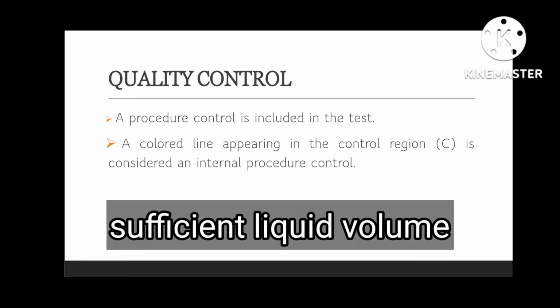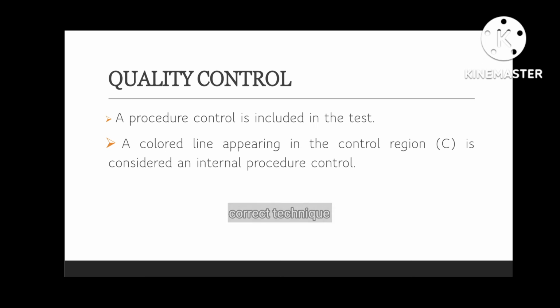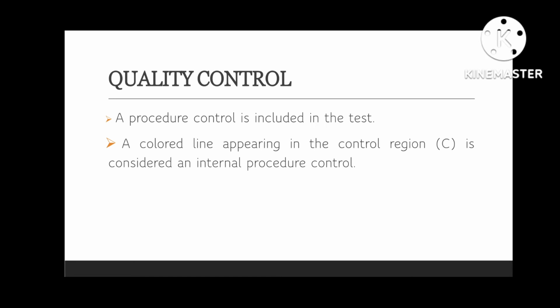It confirms sufficient liquid volume, adequate membrane wicking, and correct procedural technique. Good laboratory practice recommends the use of control materials. Users should follow the appropriate federal, state, and local guidelines concerning the frequency of assaying external quality control materials.